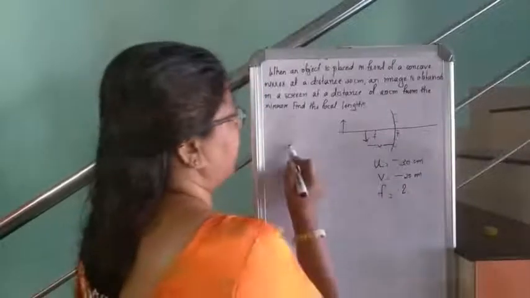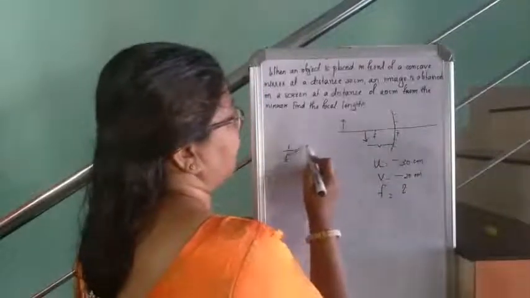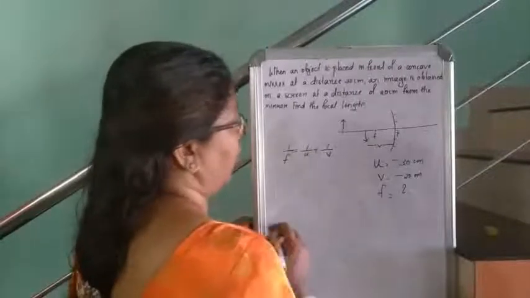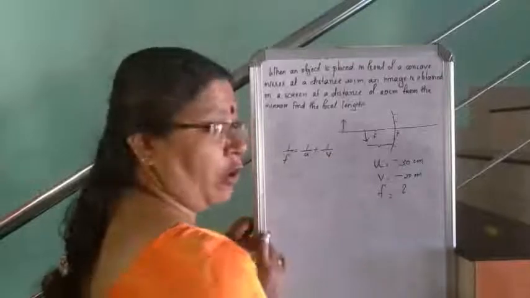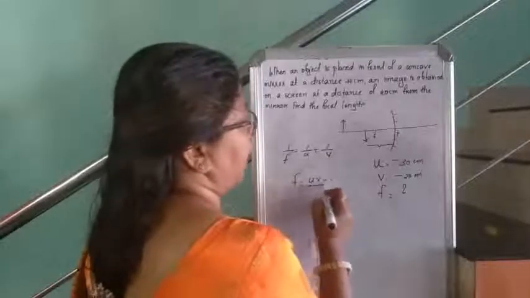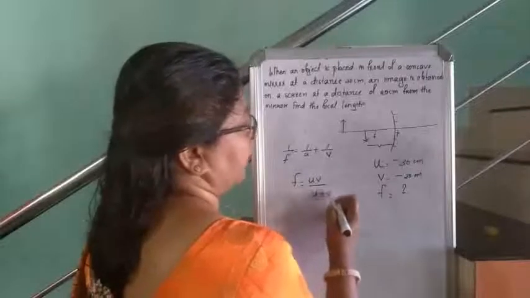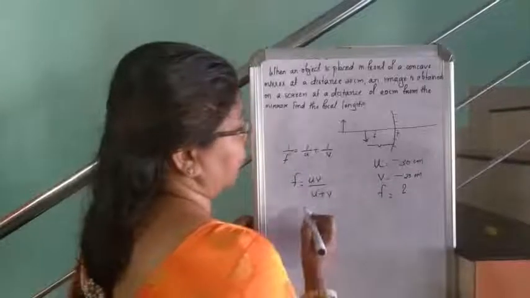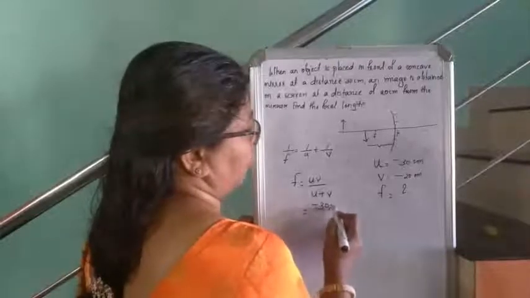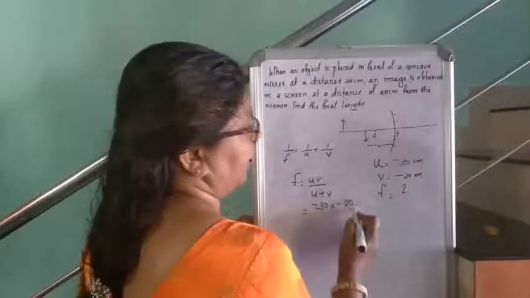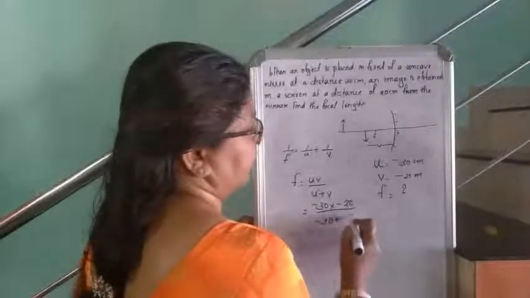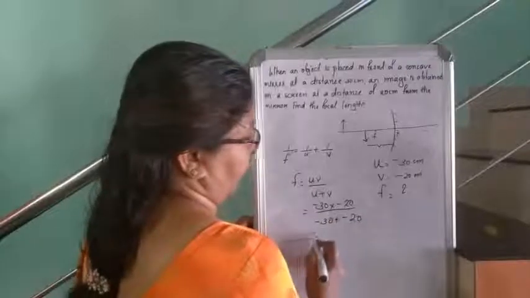So what's the mirror equation? 1 by F is equal to 1 by U plus 1 by V. Or when you cross multiply, you get another formula, F is equal to UV by U plus V. So substitute in that problem, that is minus 30 into minus 20 divided by minus 30 plus minus 20.